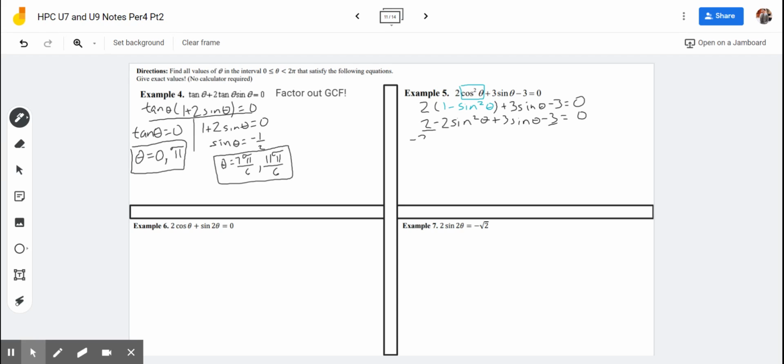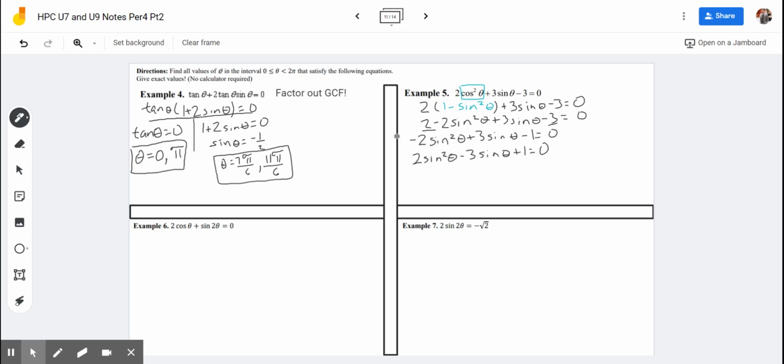So we'll have -2 sine squared theta plus 3 sine theta minus 1 equals 0. Again, I don't like the leading coefficient to be negative. You don't have to do this if you don't want to; I'm just kind of neurotic with that. So we have 2 sine squared theta minus 3 sine theta plus 1 equals 0.